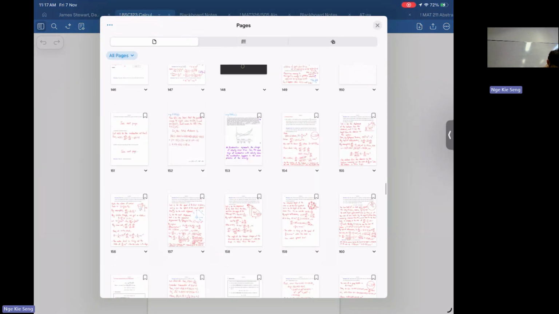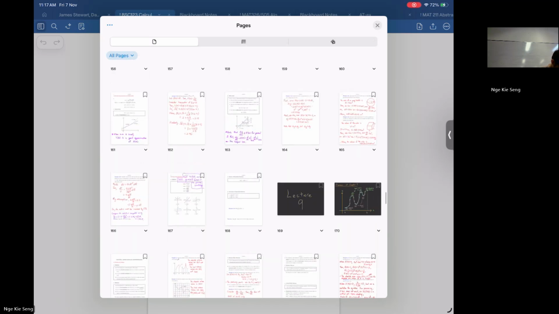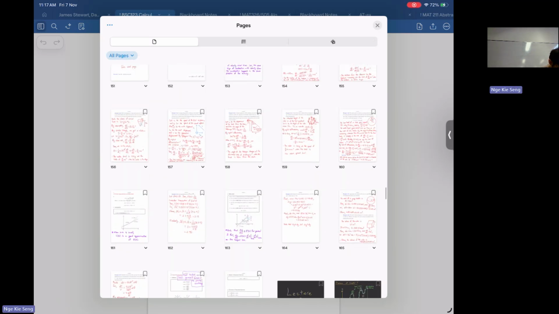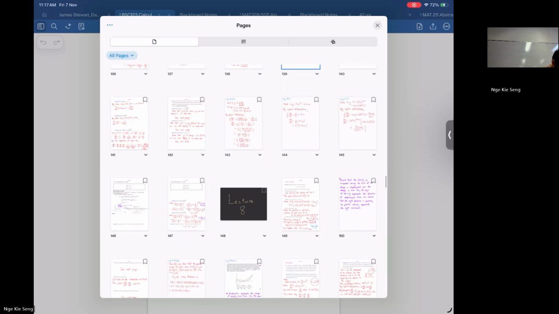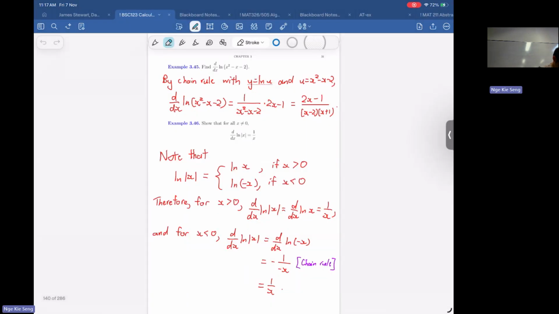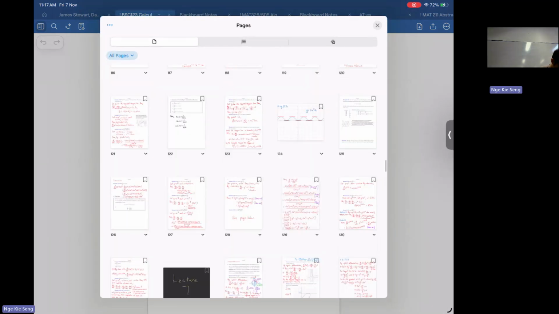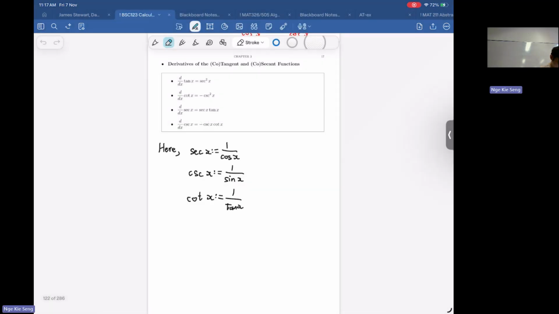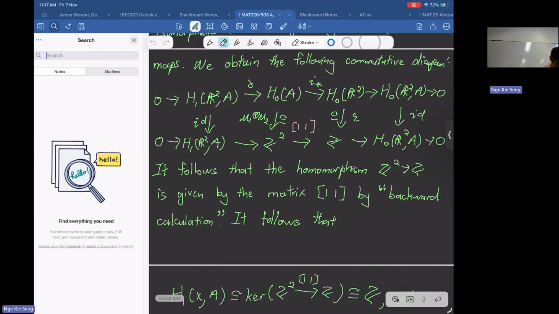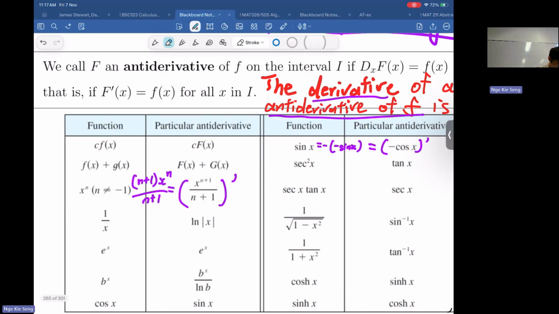So if you look at this one, this one is not shown, right? Let's look for the tangent one.